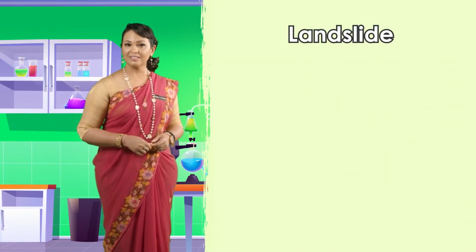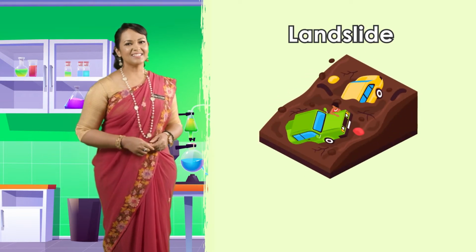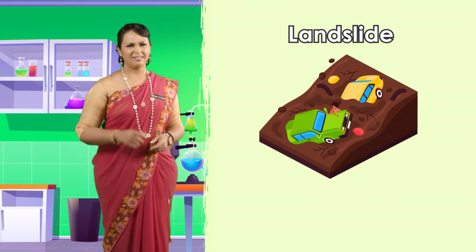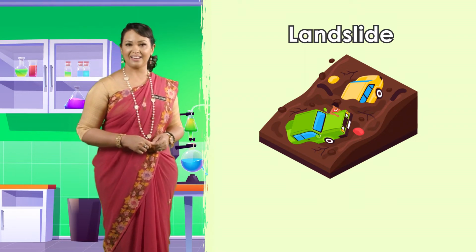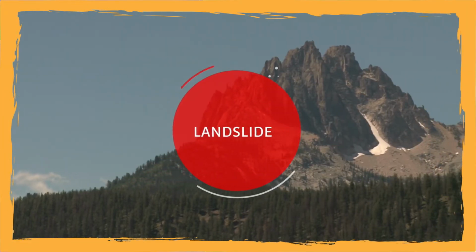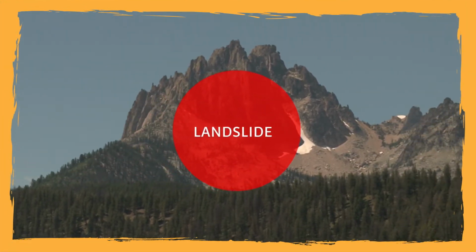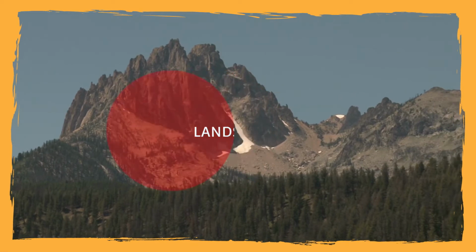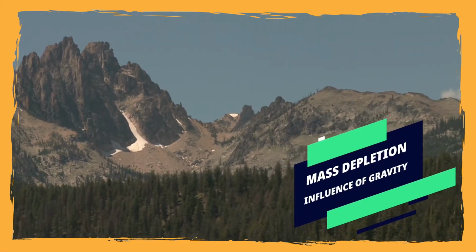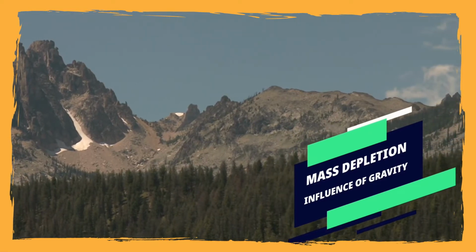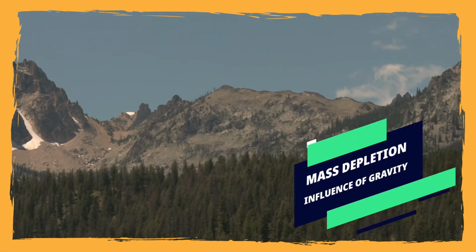Are you familiar with landslides, boys and girls? Well, a landslide is a geohazard which is quite common. Let's recall what we have learned before about landslides, shall we? Landslides are the process of mass depletion which involves movement of soil and rocks down the slope under influence of gravity.